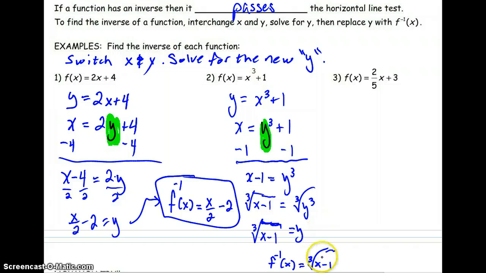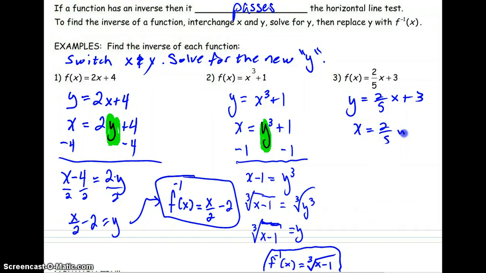So, just finishing up these problems here, we've got example number 3. Y is equal to 2/5 x plus 3. What are we doing every time? Well, we are going to replace x and y.